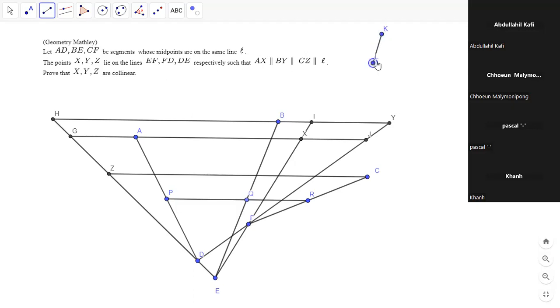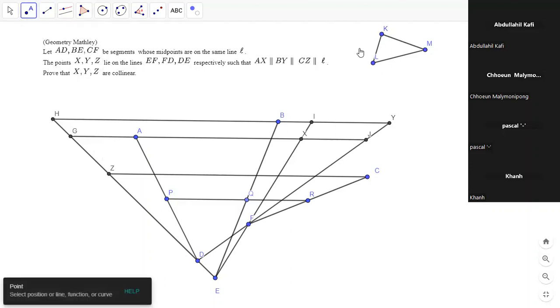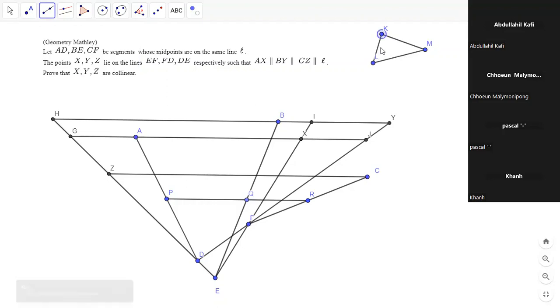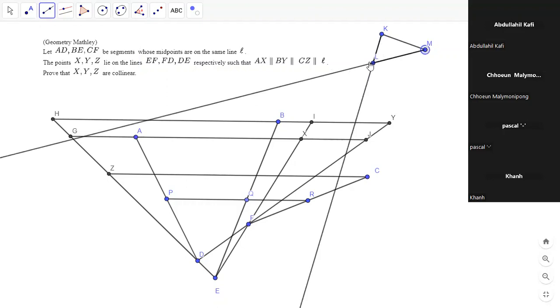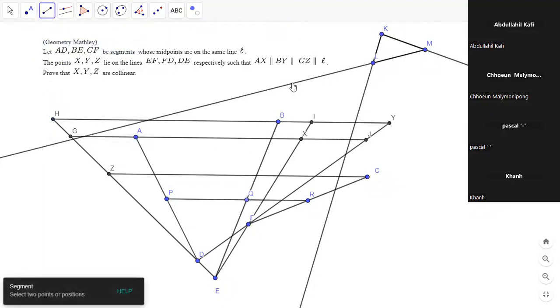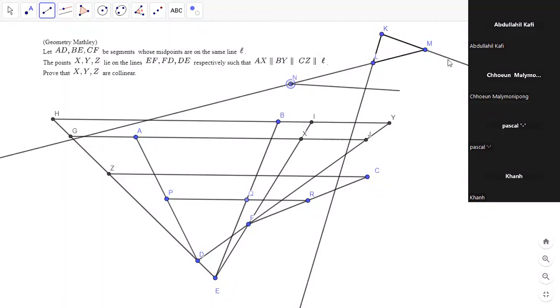Like if you have a triangle and then you have 3 points on these 3 rays, like let's say you know KL, LM, and KM.